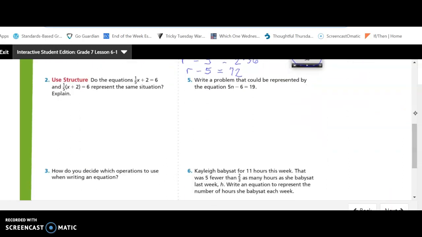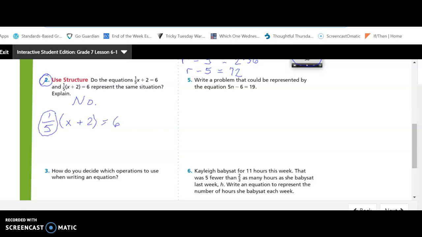All right. Number 2 is a quick review, because we're going to be including the distributive property in our equation work in upcoming lessons. When we look at these two equations, 1/5 x plus 2 equals 6 and 1/5 times the quantity x plus 2 equals 6, are they the same? Hopefully we can see that the answer is no, because when we have 1/5 in front of the parentheses, we have to bomb the fort.